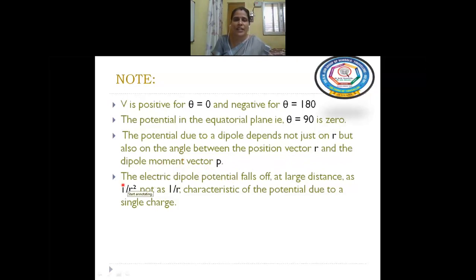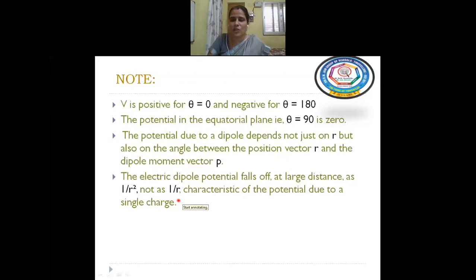The next point is the electric dipole potential. The electric dipole potential falls off at large distance as 1 by R square, because in the formula we have seen that V is equal to P cos theta divided by 4 pi epsilon naught R square, not as 1 by R. That is a characteristic of the potential due to a single charge.